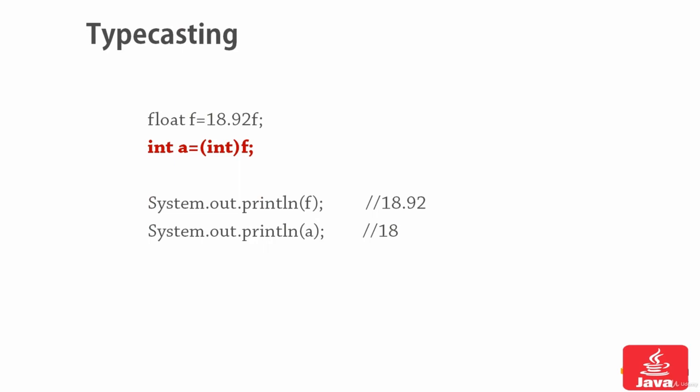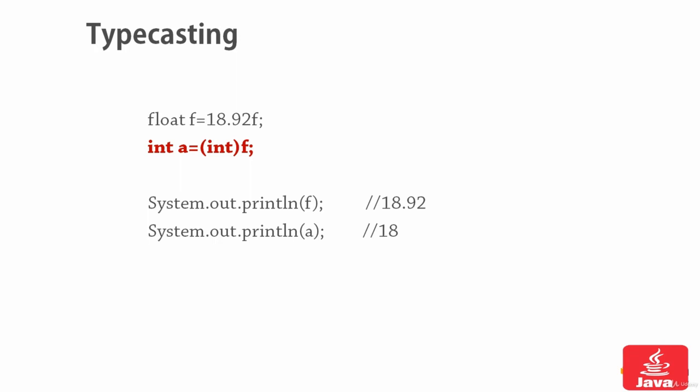And then there comes our typecasting. The typecasting is used to convert the data type of a certain variable. Suppose we have a variable called a integer and we want to typecast it to float or integer. We may typecast it using the bracket symbols. We have the floating value, say f, which is a float variable, having value 18.92. And we want to display it as an integer.